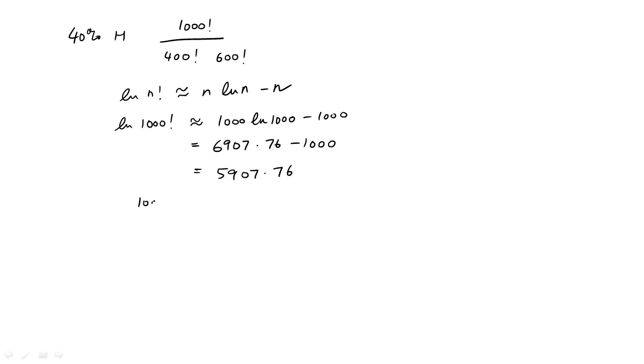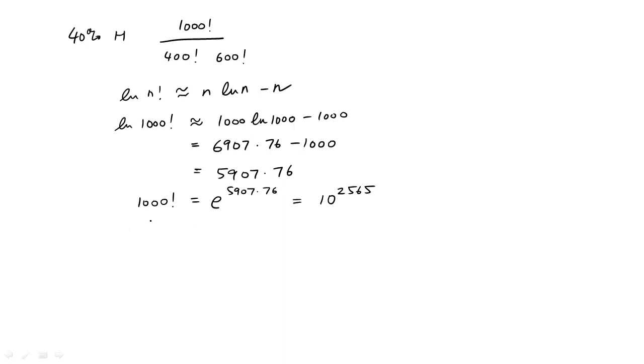So 1000 factorial is e to the power of 5907.76, and converting to base 10, this becomes 10 to the power of 2565 approximately.